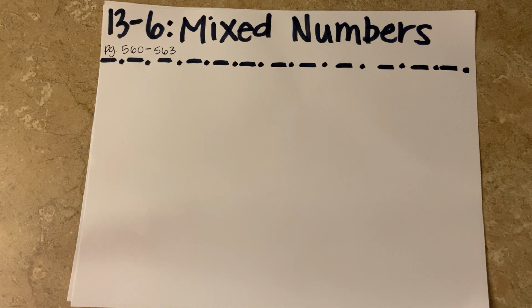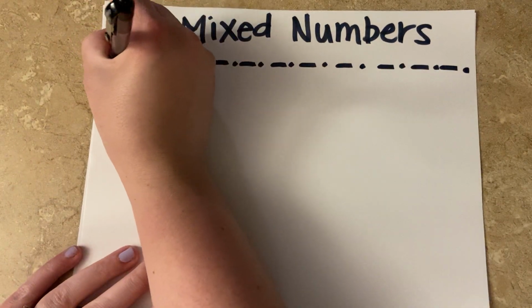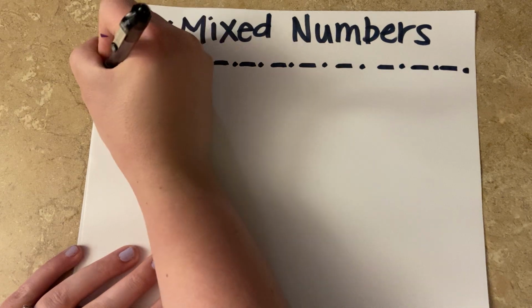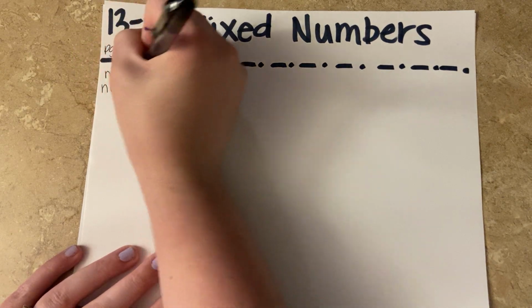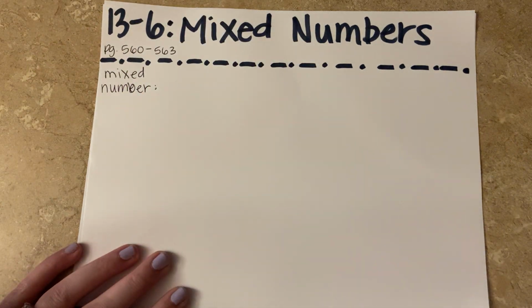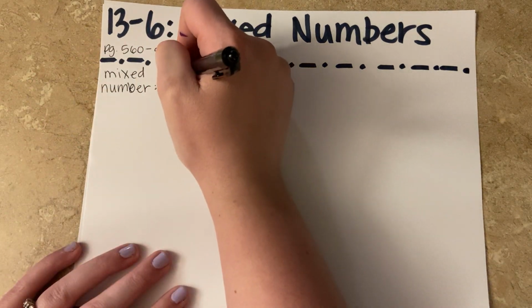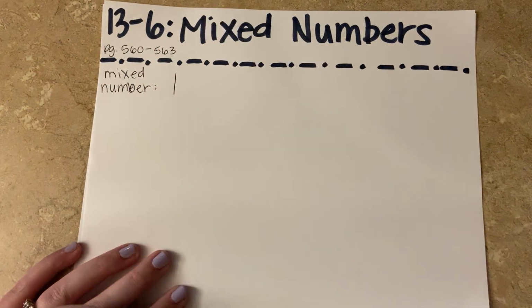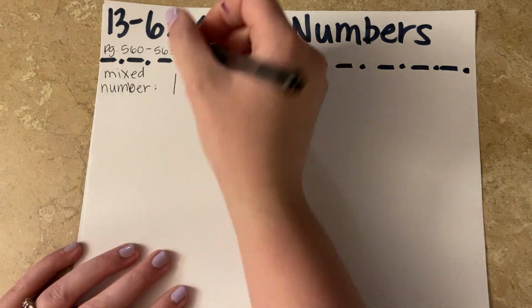So today we have 2 new math concepts that we're going to talk about, okay? And the first one is a mixed number. A mixed number has a whole number part and a fraction part, okay? So a whole number part means, for example, it could be 1 whole and we still have more left.